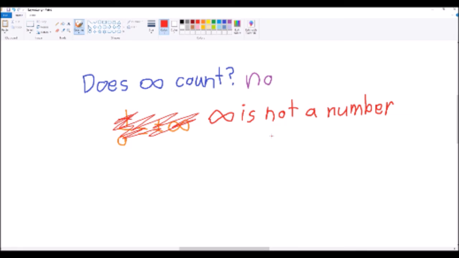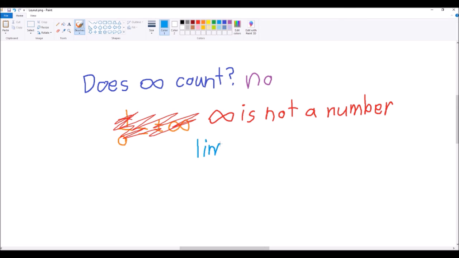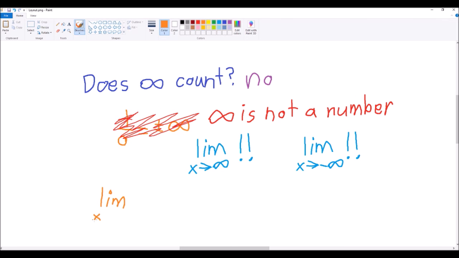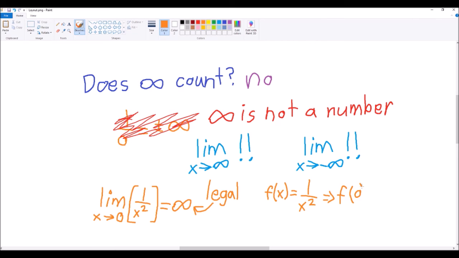It should really be treated as a number that just gets really, really big. Hey, limits can do that too. We can write that as the limit as x approaches positive or negative infinity. By the way, that's coming up in the next episode. Now, just because infinity is not a number doesn't mean a limit producing it fails to exist. It just disqualifies it as a valid output from a function.